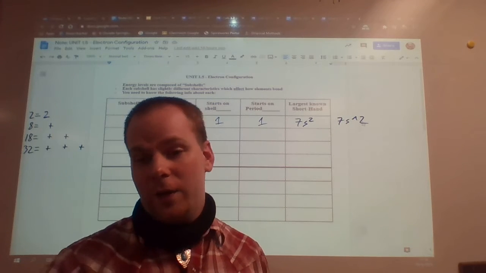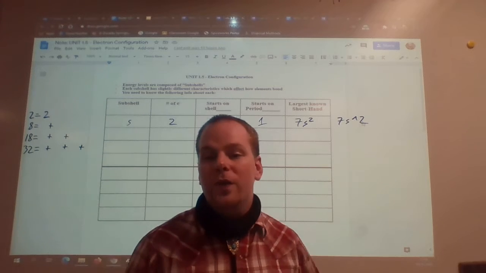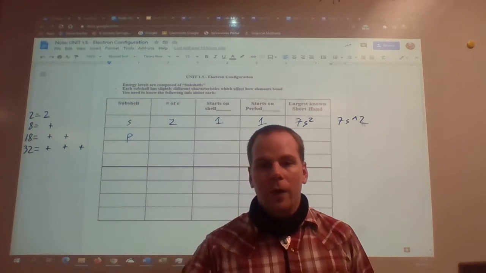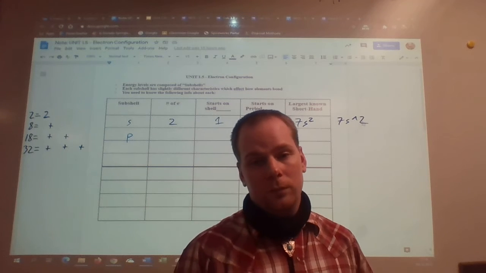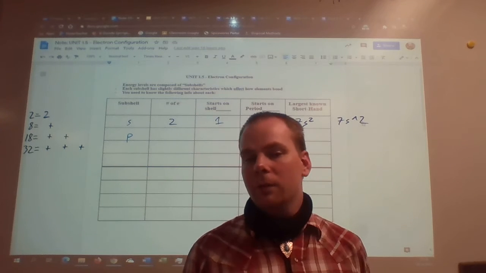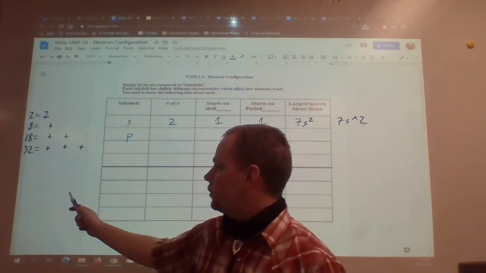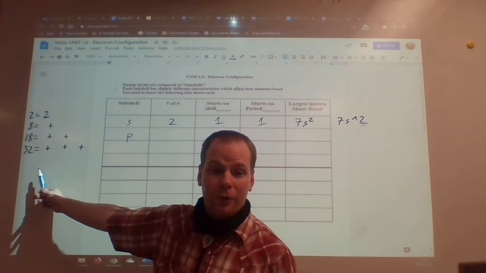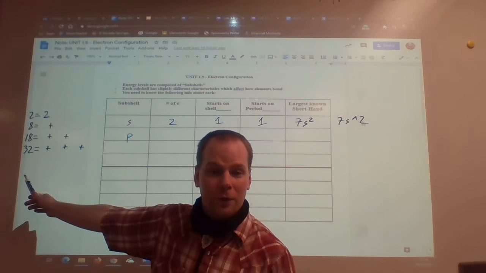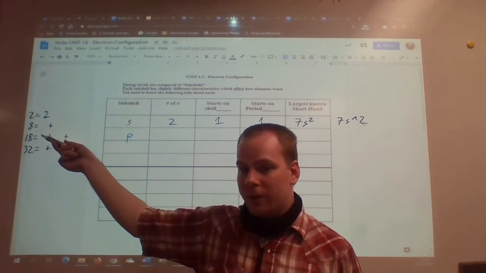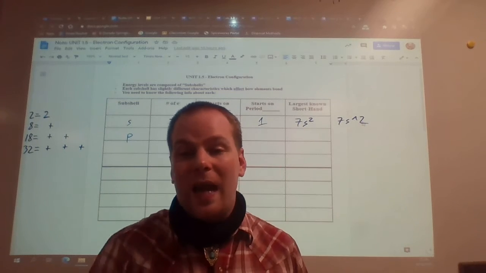Okay, the second subshell is the P subshell. Considering that energy level 2, and these are the actual number of electrons that the energy levels can hold, as opposed to the lies that I told you in Unit 1, the actual number of electrons that energy level 2 can hold is 8.